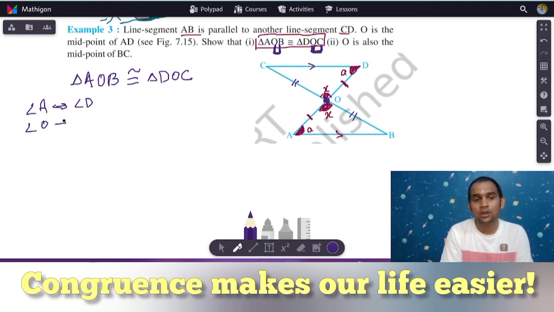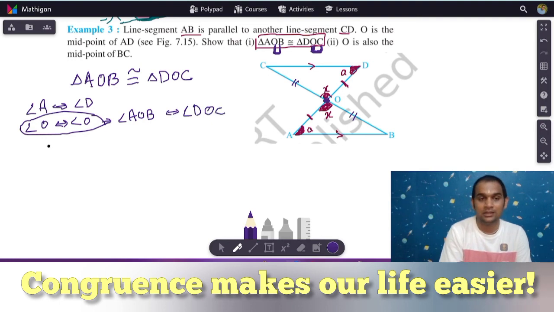Angle O will be corresponding to angle O. It might look a little ridiculous, but that is why we represent it by three vertices. So angle AOB is corresponding to angle DOC. Similarly, angle B is corresponding to angle C.